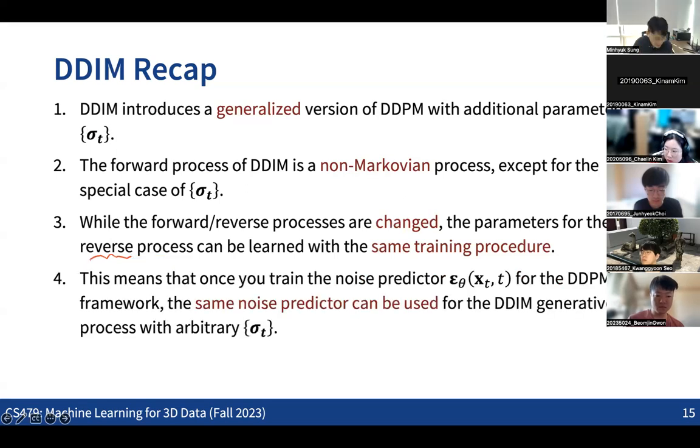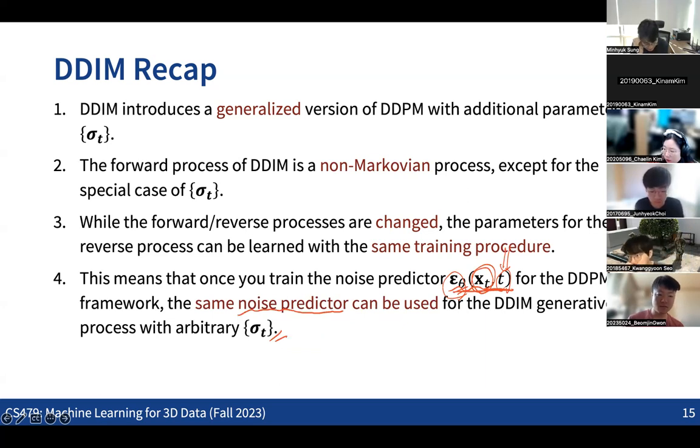So if we train the noise predictor, this network taking the noisy input and the time step t and predicting the noise that was added to make x_t, in the same way as the DDPM, we can directly use the same noise predictor for any DDIM generative process, for an arbitrary sigma. That's the most important effect.